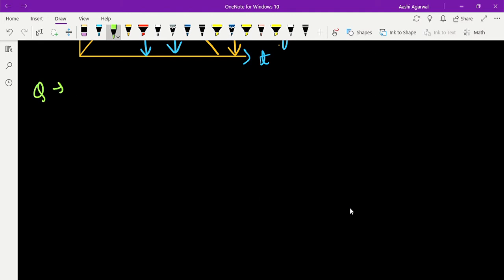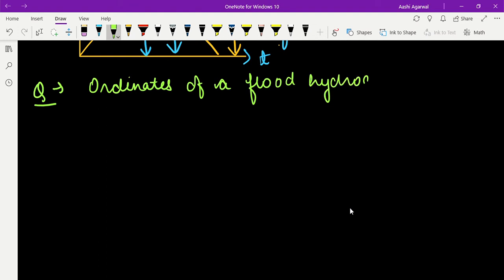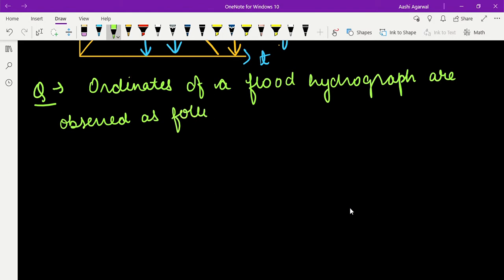So based on these two simple concepts, we'll take the problems. Problems also we'll take at a very basic level. So here, let's say the ordinates of a flood hydrograph are observed as follows.